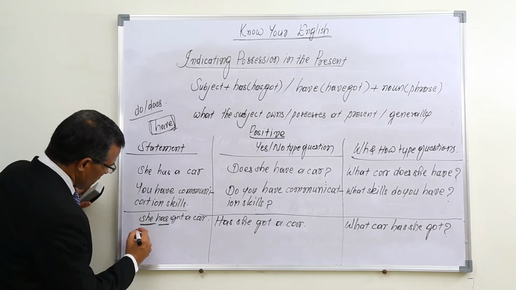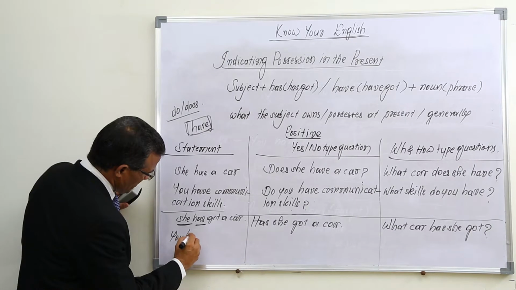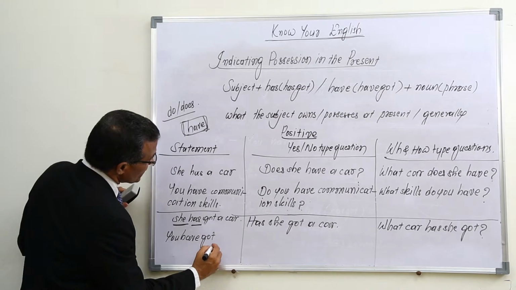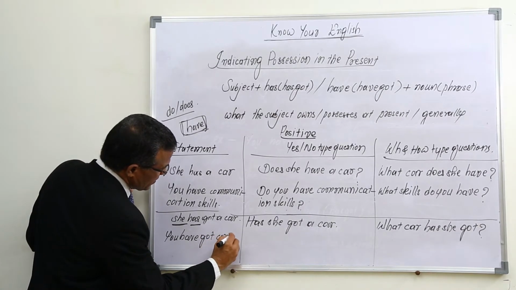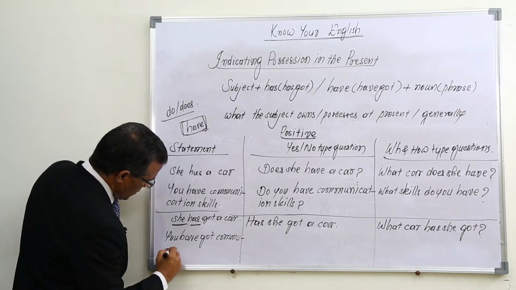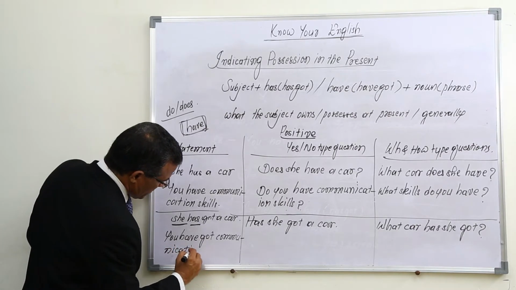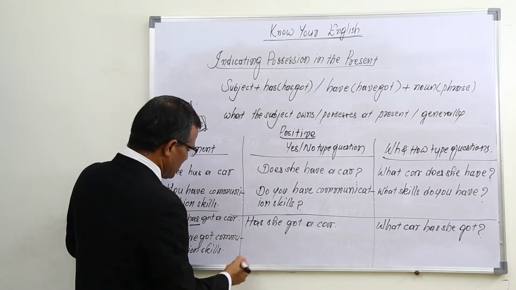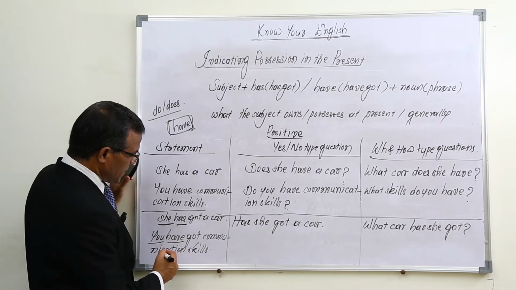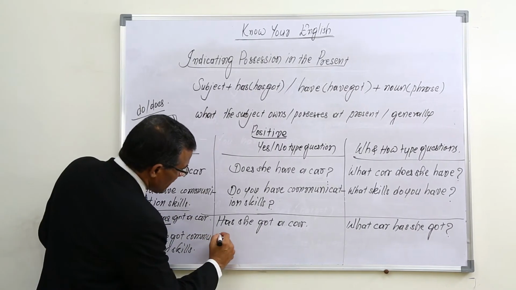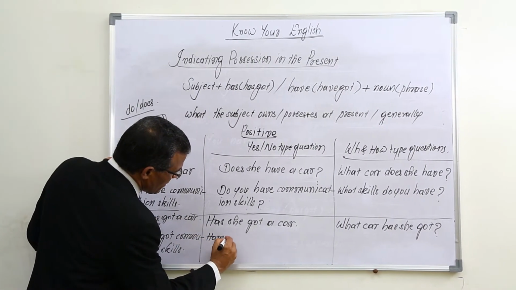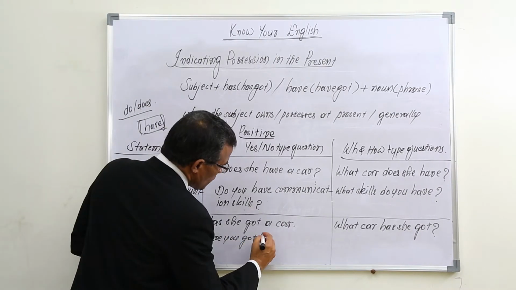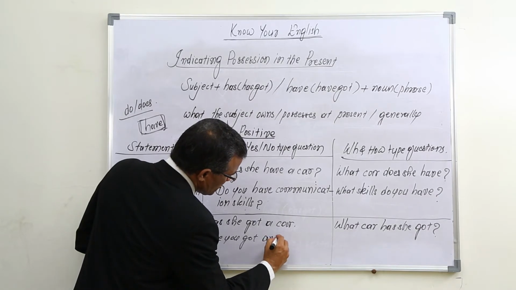And for example, you have, instead of you have, I am using you have got communication skills. You have got communication skills. If you say you have got communication skills, simply you have to change the order of subject and have. Then the question is, have you got, we can sometimes use any also.